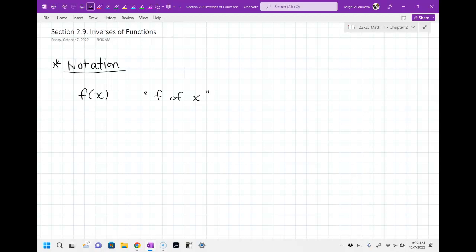We could call it h of x, a function called h with x variables in it. We can call it f of t, a function f with t variables in it. We can call it whatever we want. But the normal function that we use is called f of x.